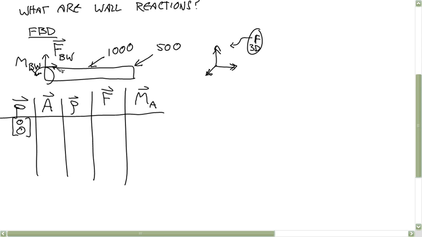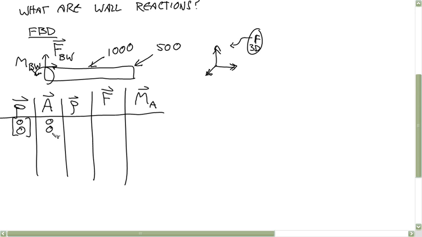So if you have an unknown force, if I put my about point where this FBW acts, then the moment produced by FBW is 0, because its row vector is 0. And therefore, that unknown force vector doesn't show up in your moment equations, and it just simplifies things. So put your about point where you have an unknown force.